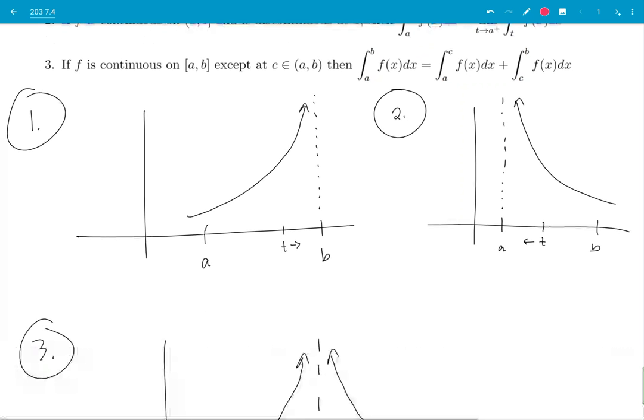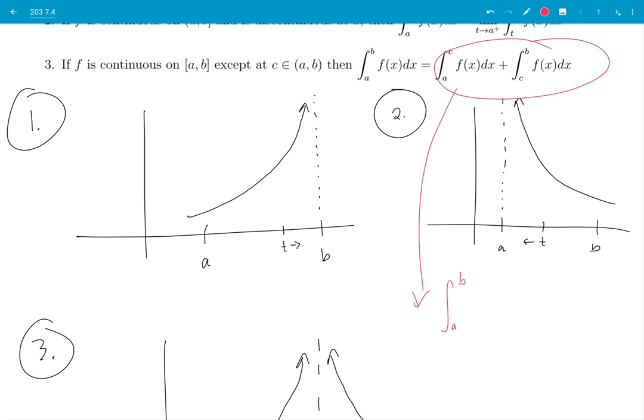And we'll say the original is convergent if both of these are convergent.